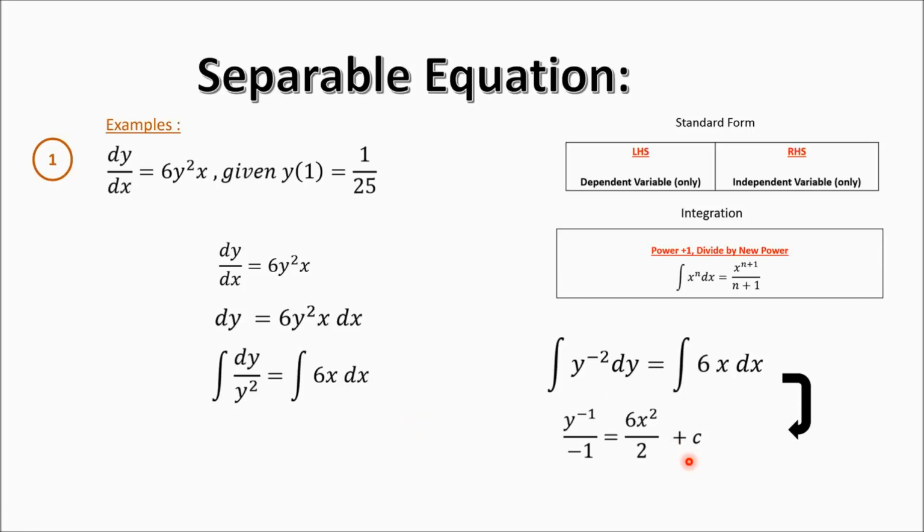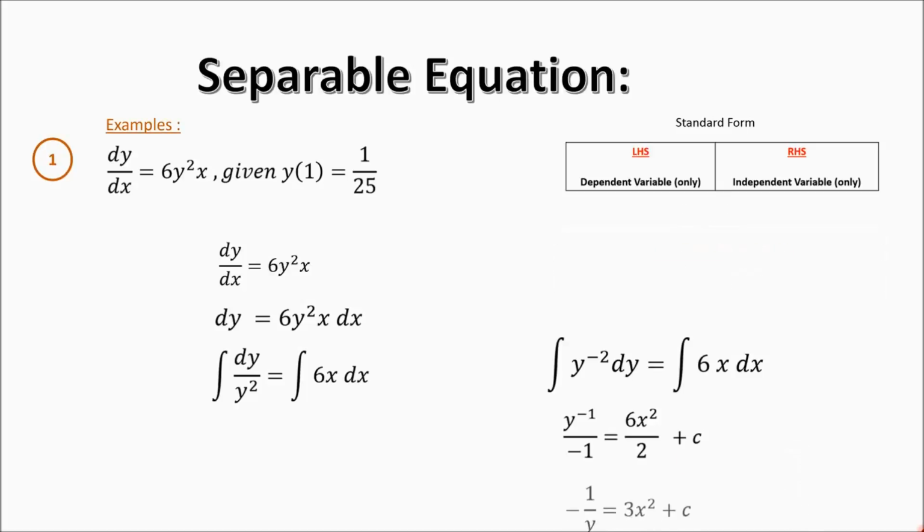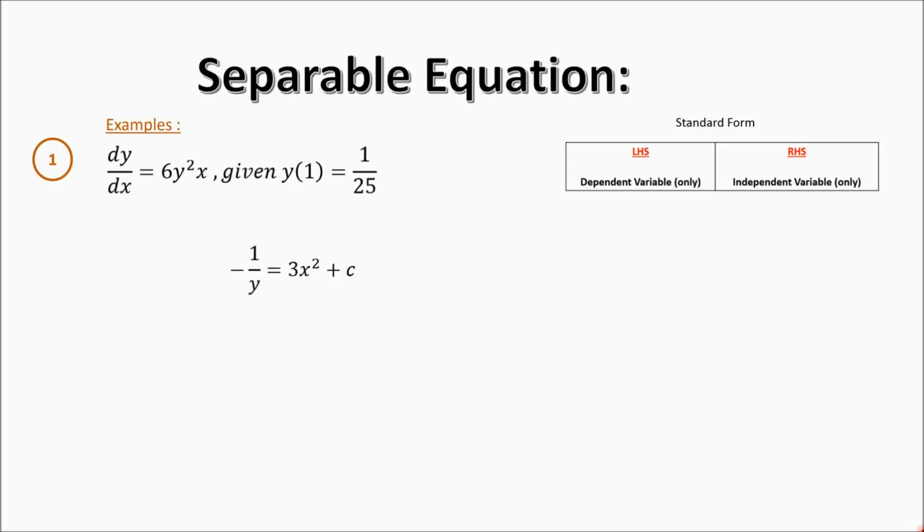Remember to add plus c after you have done your integration. We have the final answer, which is negative 1 over y equals 3x squared plus c after simplifying. Now we can go ahead and do the condition, which is when x equals 1, y equals 1 over 25.